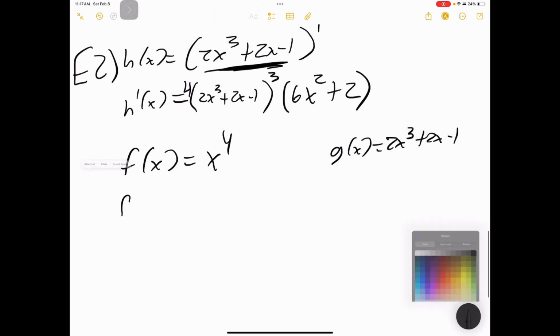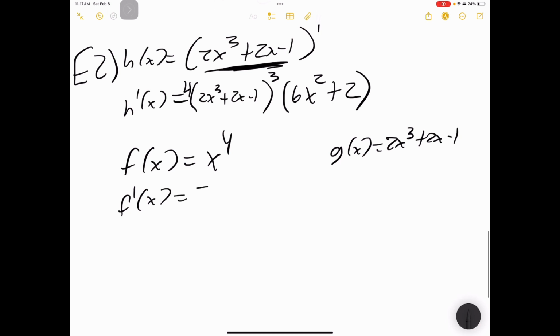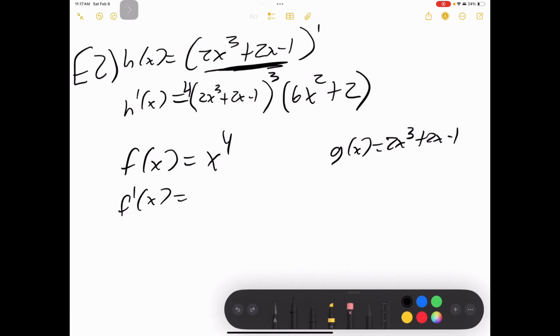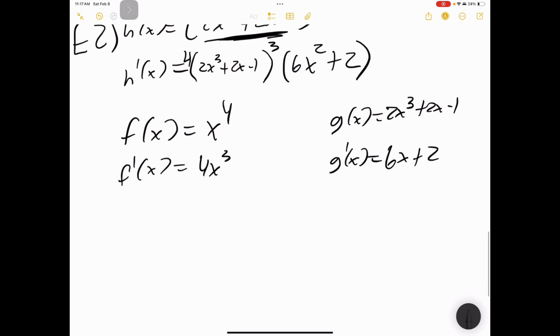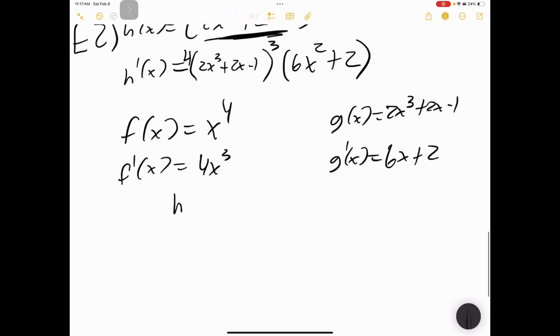The derivative of f of x is 4x to the third. The derivative of g of x is 6x squared plus 2. And then the derivative of h of x is equal to the derivative of f of g of x times the derivative of g of x.